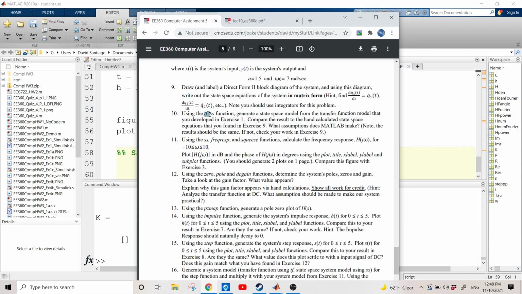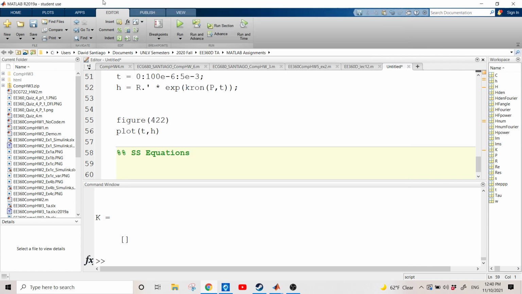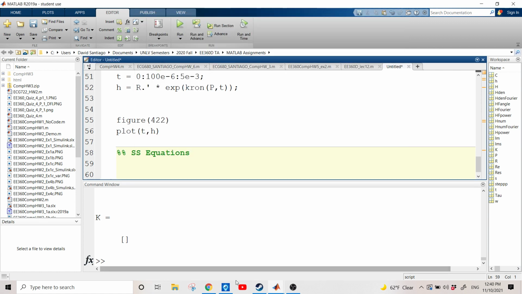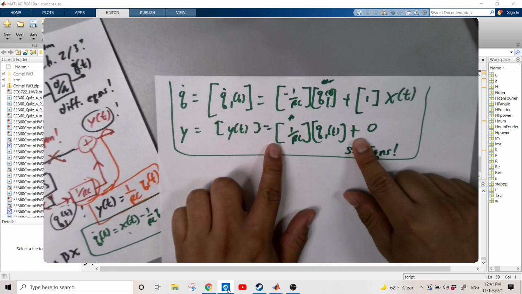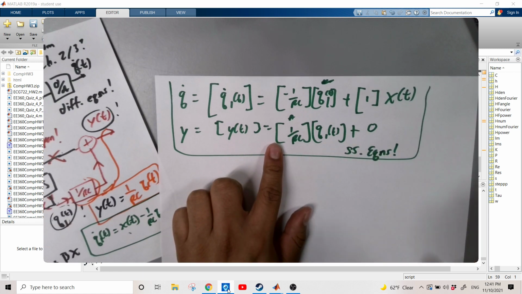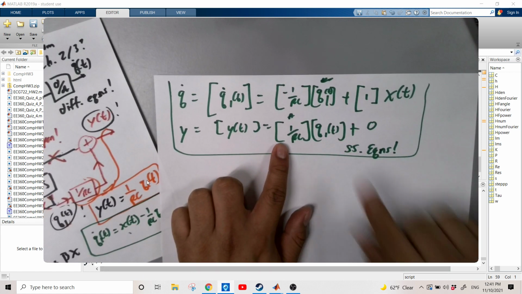Using the transfer function to SS, generate a state space model that you developed in equation 1. Compare this to the hand calculations in exercise 9. So the point is, you're trying to solve for your SS equations, okay? Now you're going to use Matlab to verify this. How do we verify this is correct?